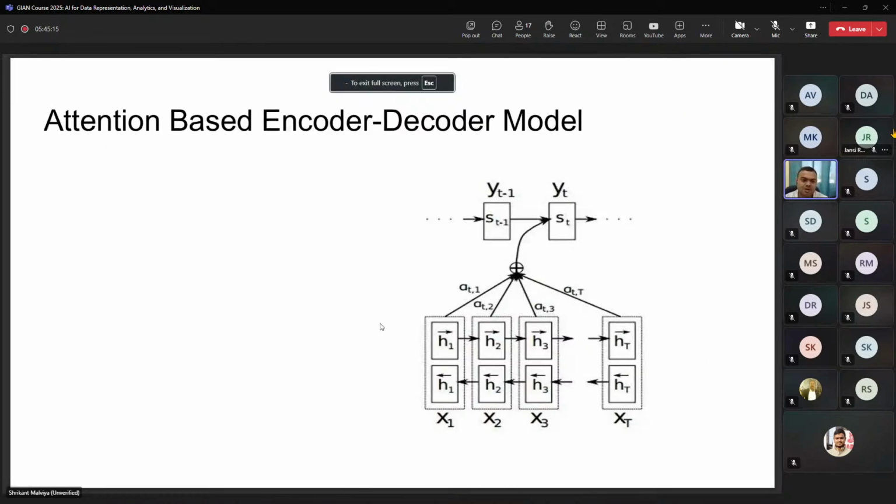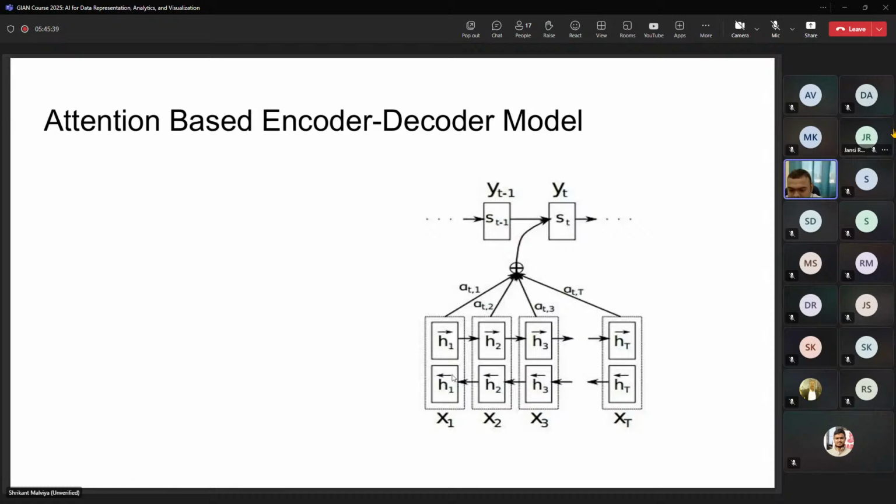Let's try to understand how attention works here and how it improves performance with this diagram. The given input sequence is x1, x2, x3 up to xt. So there are t input elements, or tokens, which will be processed in a bidirectional way.